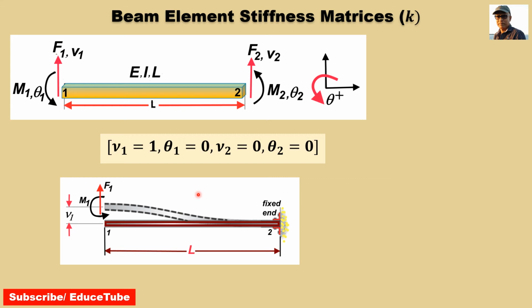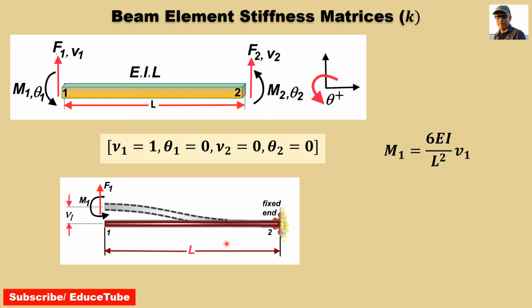We will get this moment M1 as 6EI over L squared multiplied by ν1. Actually, in my previous video, I explained how we get this value, but here I am showing directly the value of moment and force.